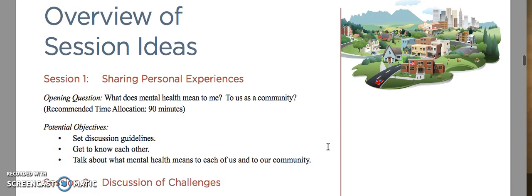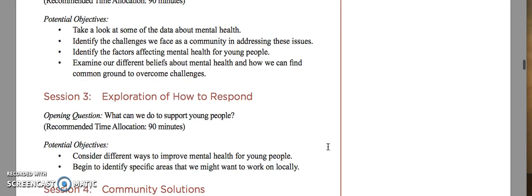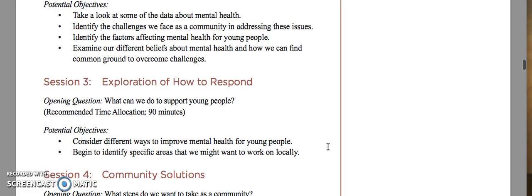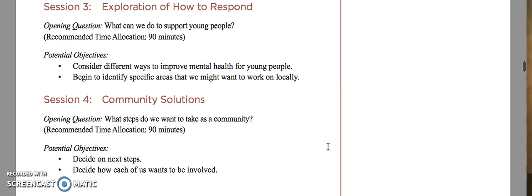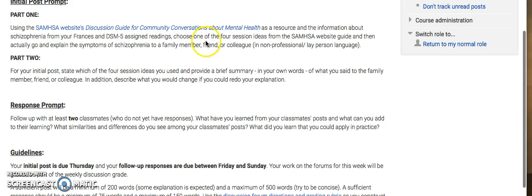Session 1, sharing personal experiences. Session 2, discussion of challenges. Session 3, exploration of how to respond. And Session 4, community solutions. So you'll pick one of those topics along with your readings and actually go and describe the symptoms of schizophrenia to somebody you know in a non-clinical way.